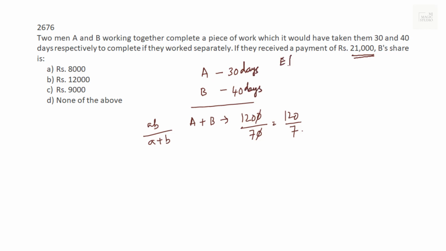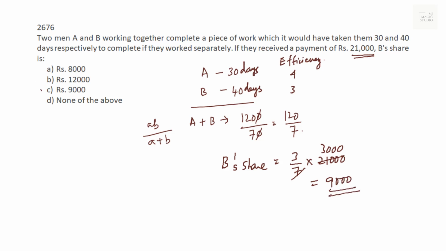Therefore, the efficiency ratio of A and B would be the inverse of the time taken ratio, that would be 4:3. That means B's share is 3 by 7 of 21,000, that is 9,000. B should get 9,000 rupees. Option C fits in.